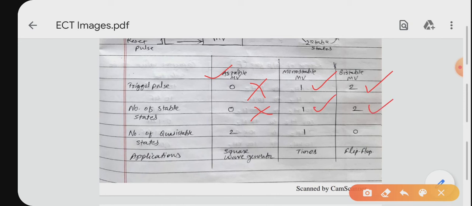Okay, number of quasi stable states, quasi stable means unstable state. As there are only two states, stable and unstable, or stable and quasi stable, so there are two states only. So if there are zero stable states, out of these two, the remaining are two.